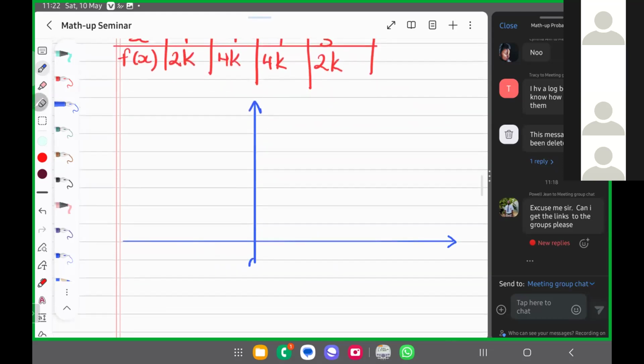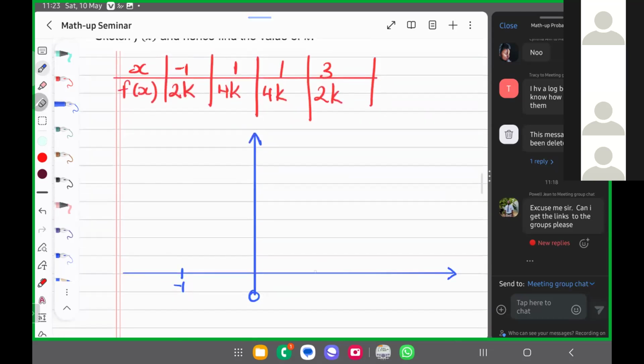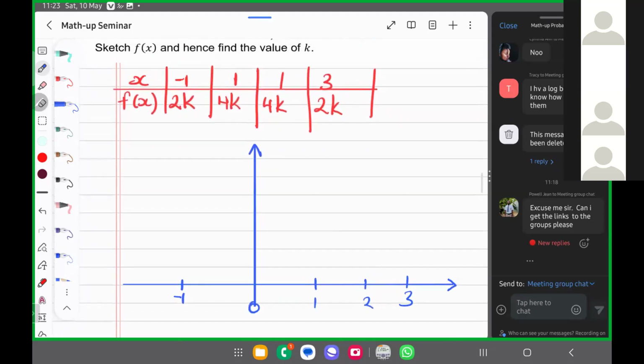So we have 0 on the x-axis, then -1, then 1, 2, then 3. Then on the vertical axis, we have 2k and 4k.